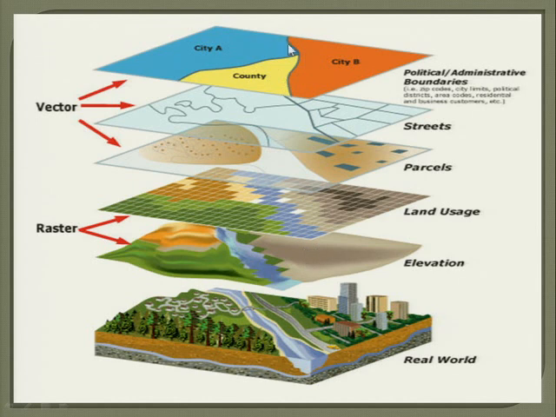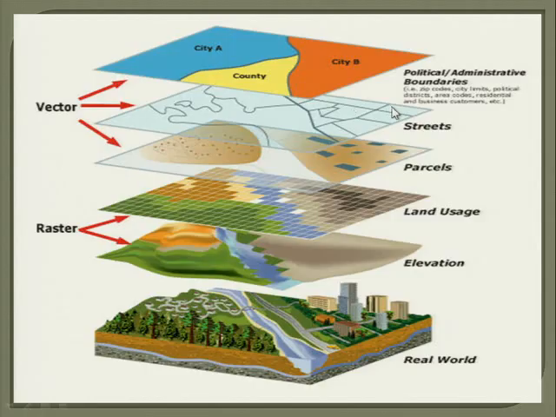Now, these layers can either be in the form of a vector, either a point or a line or a polygon. You can see here, you've got your polygon. Here is another polygon. Here you've got lines that form what? Streets.